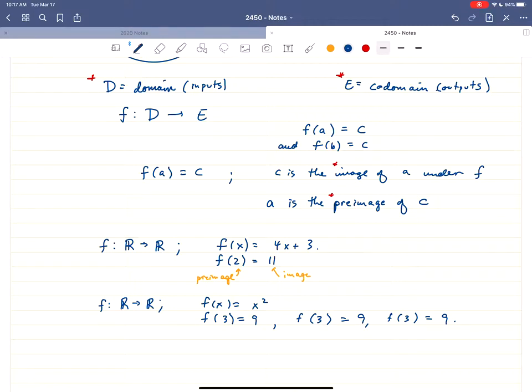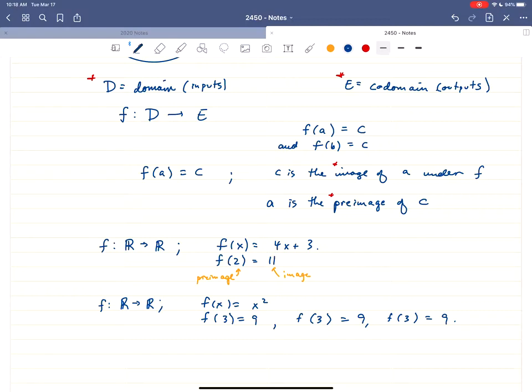Our outputs are exactly one value over and over. It doesn't matter that there's another value that we can plug in to get 9. The uniqueness is that every time we plug in a value into this function, we get out the same output. Consistently, we get 9 whenever we plug in 3. So that's a function.